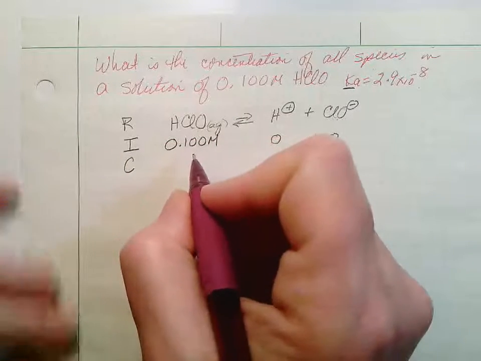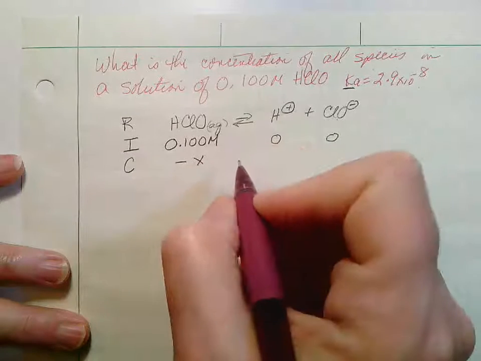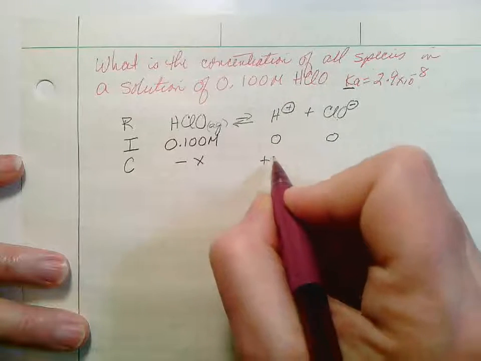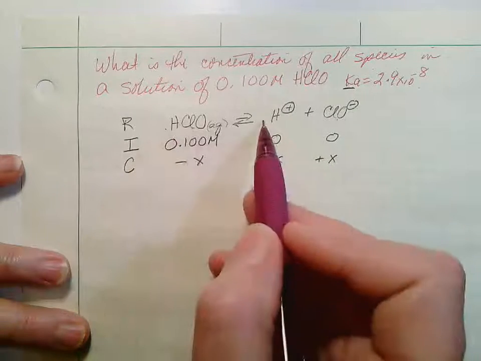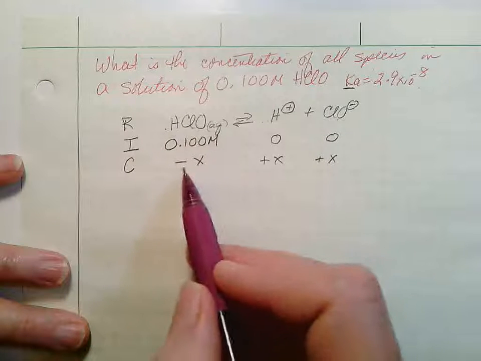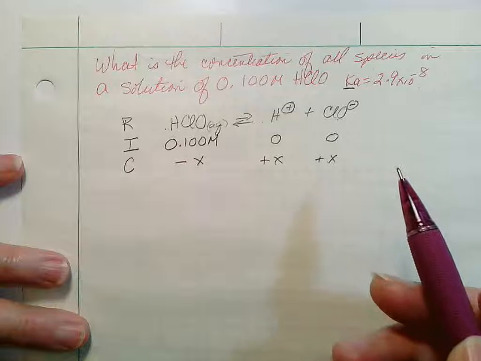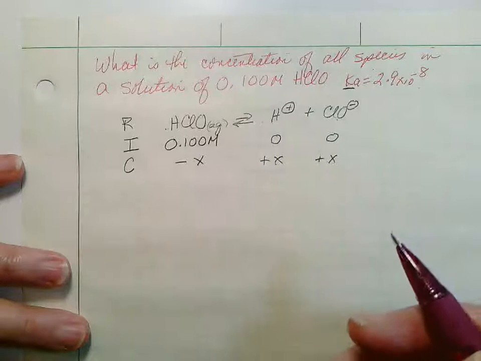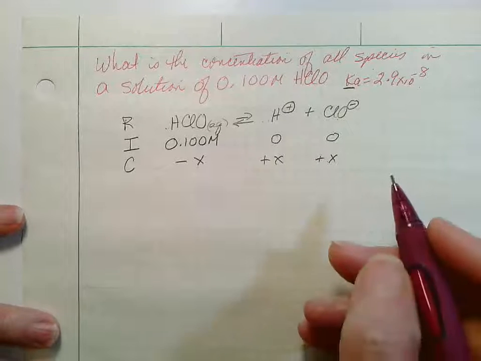Some of this, I don't know how much, will be disappearing to create some of each of these products. And since the balanced equation tells me these are all ones, if I lose one from here, I'm going to gain one of each of those. It's like tearing a piece of paper in half. One piece of paper will give me 2 half sheets of paper.